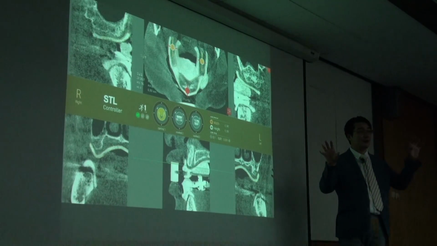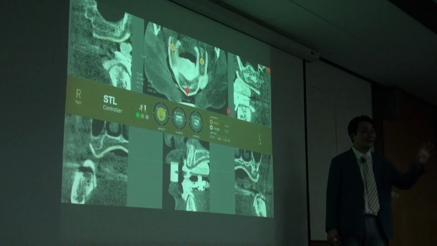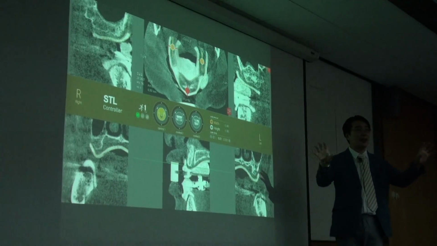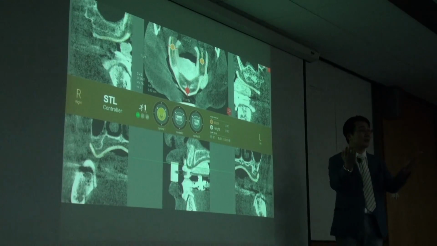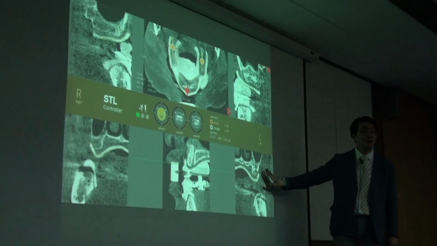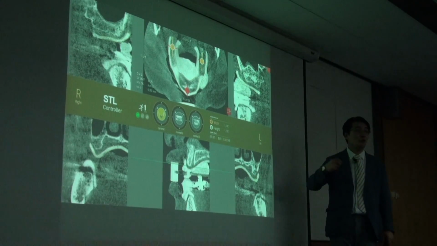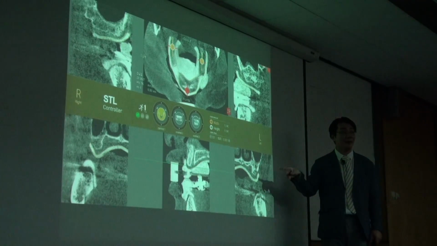And now let's think about this. If CBCT is correct, when we match the STL file and CBCT, there are no differences, right? So look at this. This is the full mouth case. When we applied the ArtGate in the full mouth case, we used a very special thread.